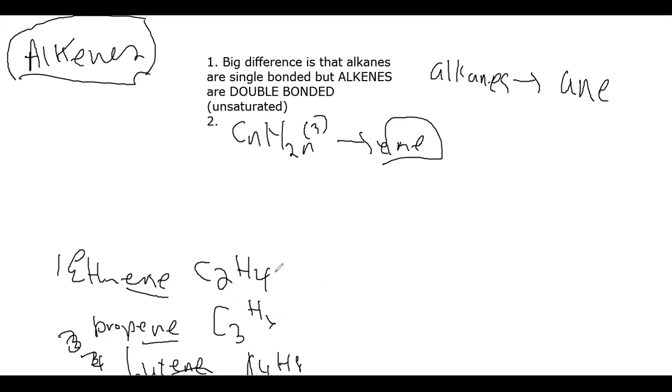So let's look at the reactions of alkenes. Of course, one reaction, the same as alkanes, is combustion. So if you add oxygen there, you're going to get carbon dioxide and water.